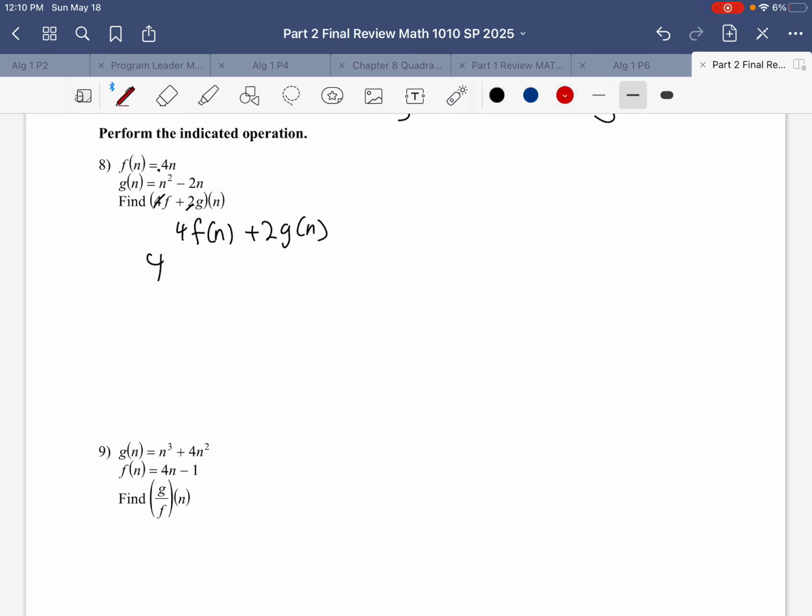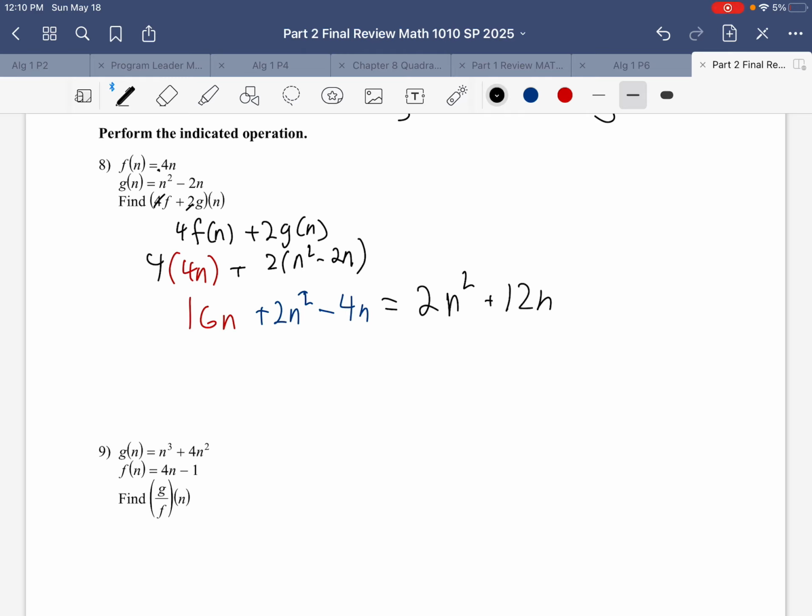This is 4 times 4n plus 2 times n squared minus 2n. So this is 16n plus 2n squared minus 4n, or 2n squared plus 12n.